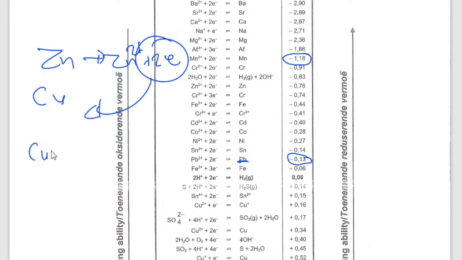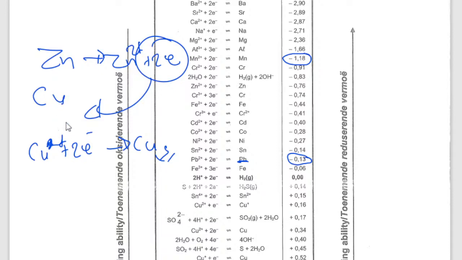Therefore, zinc is going to be oxidized to give zinc 2 ions plus 2 electrons. These electrons are going to be obtained by copper 2 plus, and then you form copper solid. You understand? So why? Because zinc is more reactive.